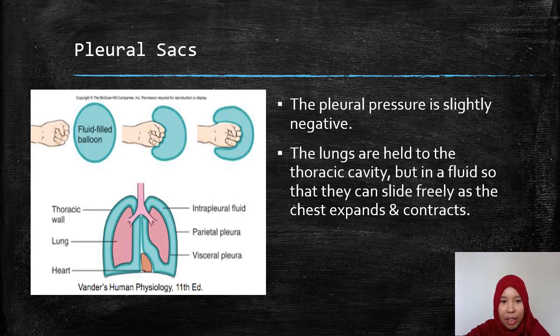You have the inner layer, which we call the visceral pleura, and the outer layer, which we call the parietal pleura, and then inside you have the fluid, and your lung is inside both layers. Because the space between the visceral and parietal pleura is filled with fluid, your lung can expand and relax freely.